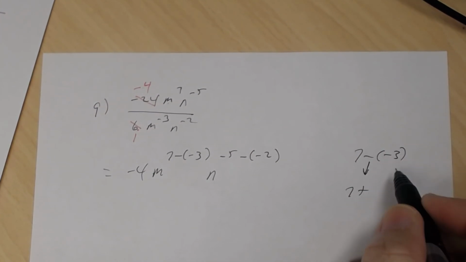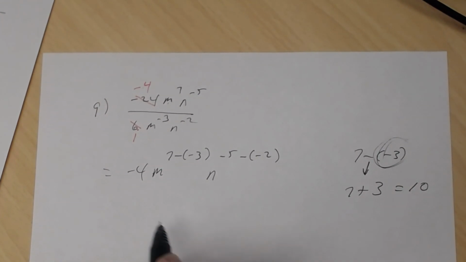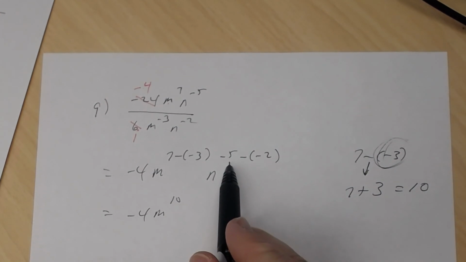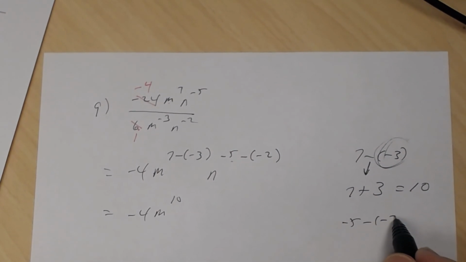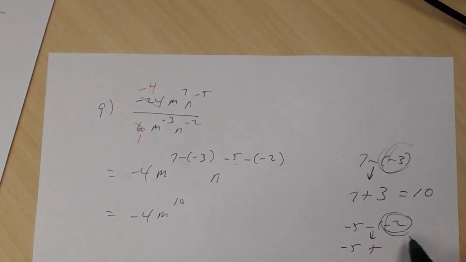So it becomes 7 plus a positive 3, which is 10. So this becomes negative 4 times m to the 10th power. Here, negative 5 subtract negative 2 becomes negative 5 plus a positive 2, and so that's negative 3.